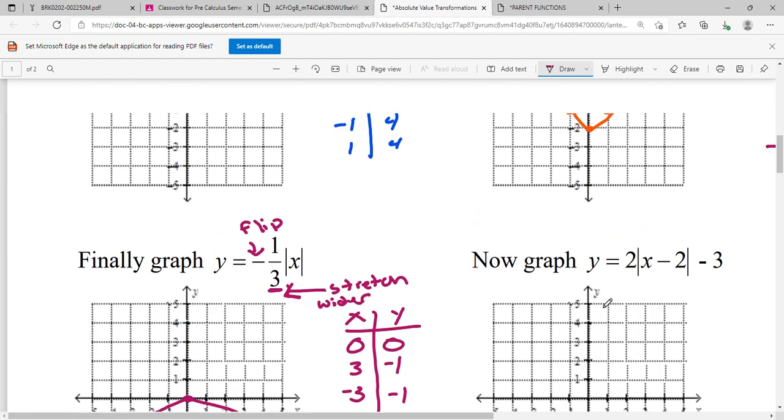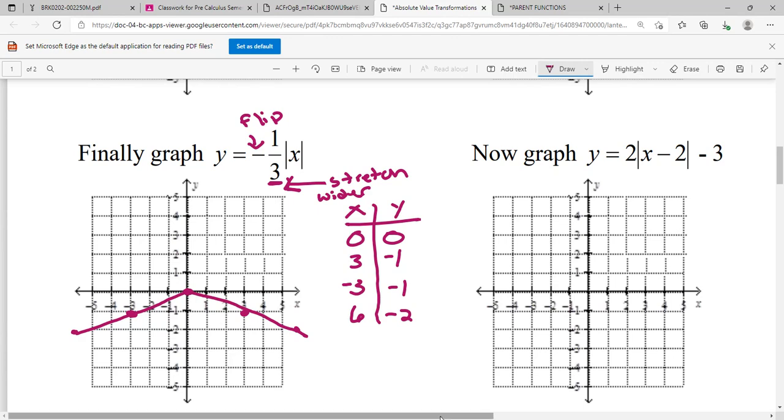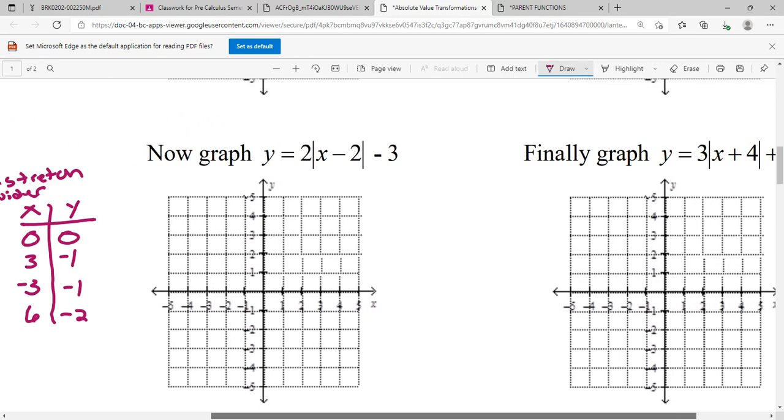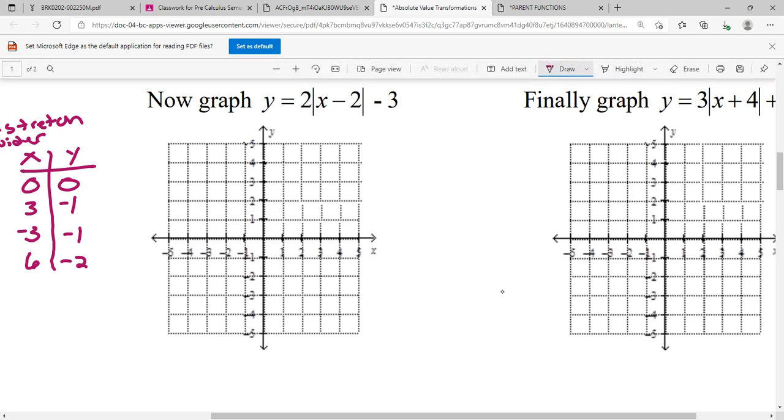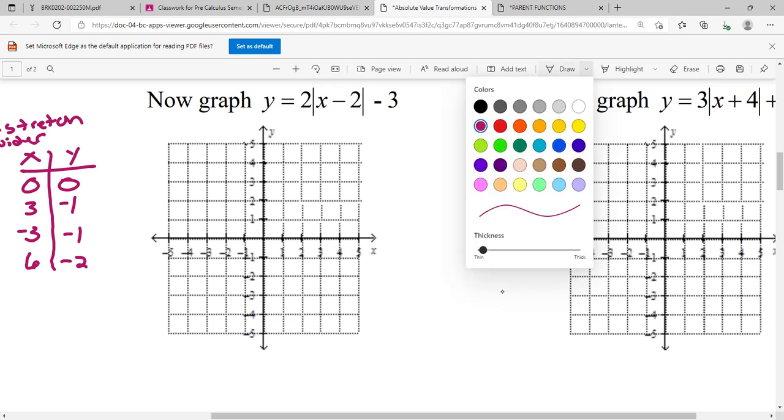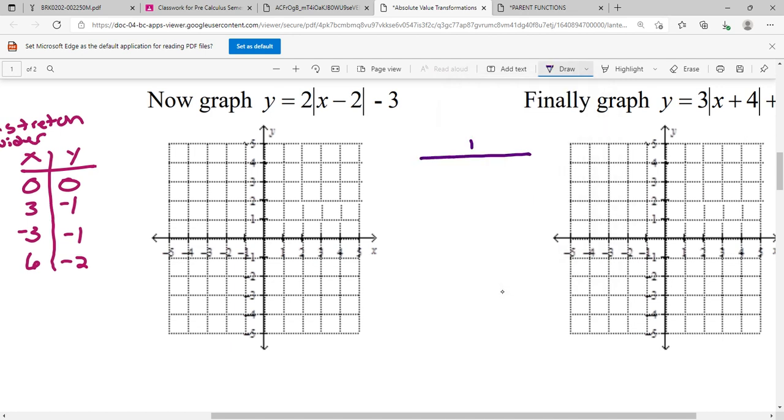All right. Here's another one for us to graph. This one, they have done everything to it. All right, so we're going to graph this one using a table of values. Then we're going to do the next one using the translations method. We're just going to look at each thing that's been done to this. All right, so here's our x and our y.